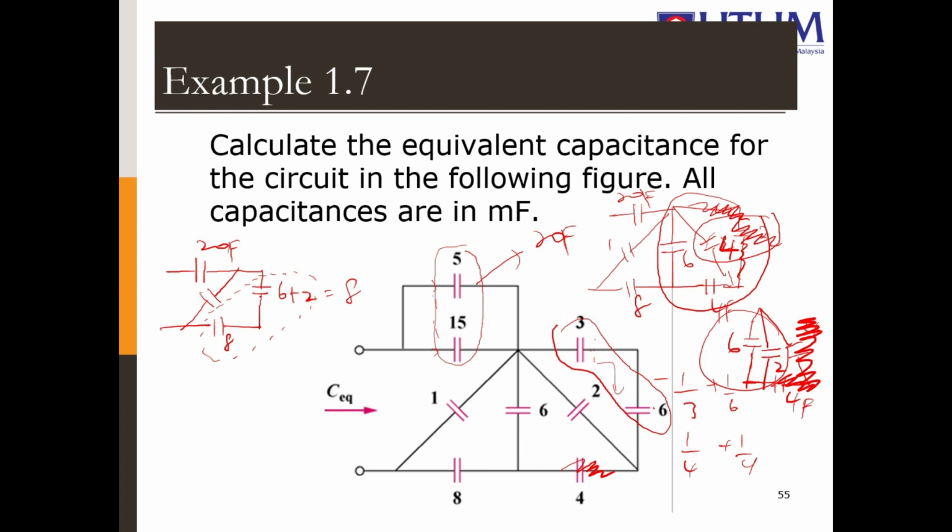So 4 farad is over here. I just cancel this out, so it gives you this is 1, this is 8, and over here you will get it in parallel, something like this.